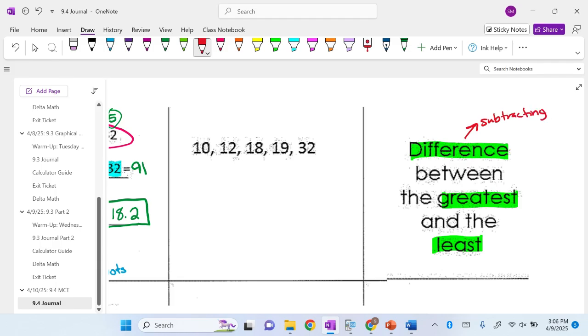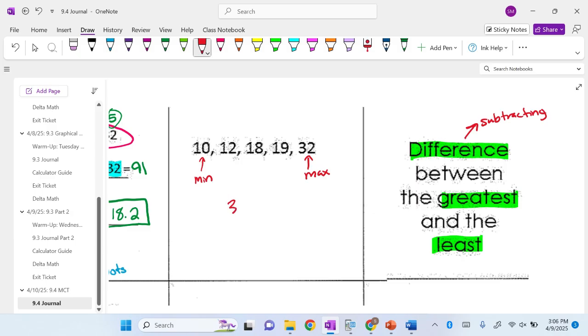And so basically, when we're talking about the range, we're basically saying, okay, how many intervals or numbers are between my least and my greatest number? So for example, with the example over here, our minimum is 10 and our maximum is 32.